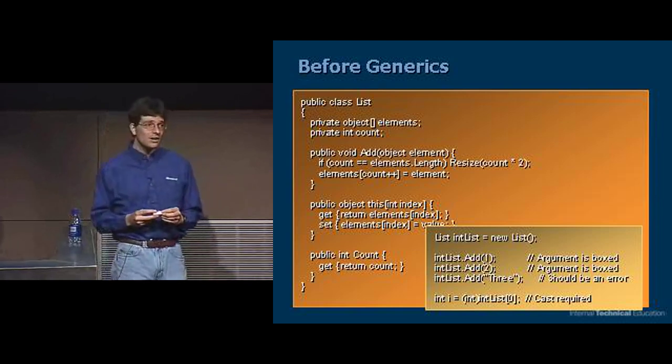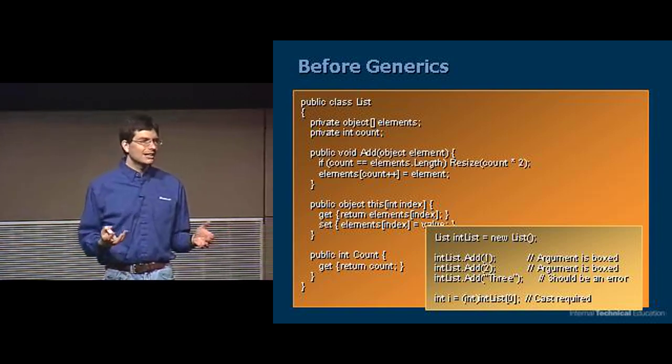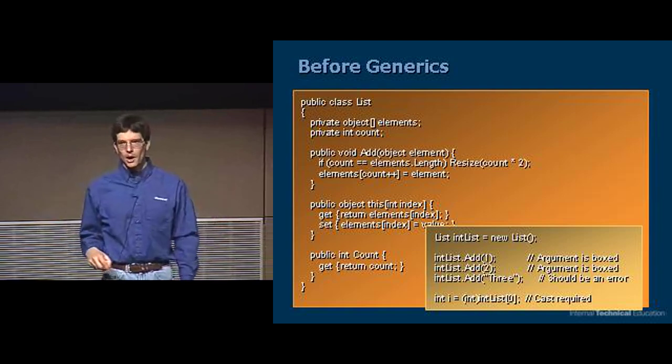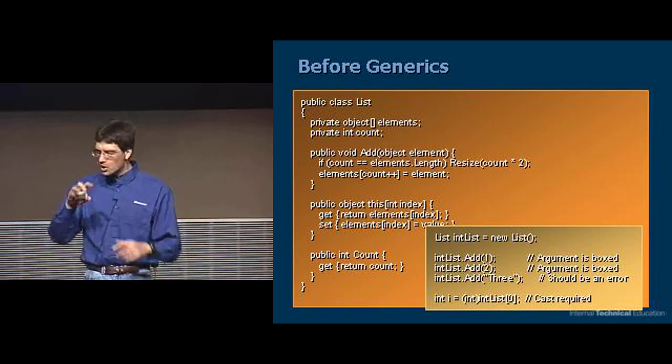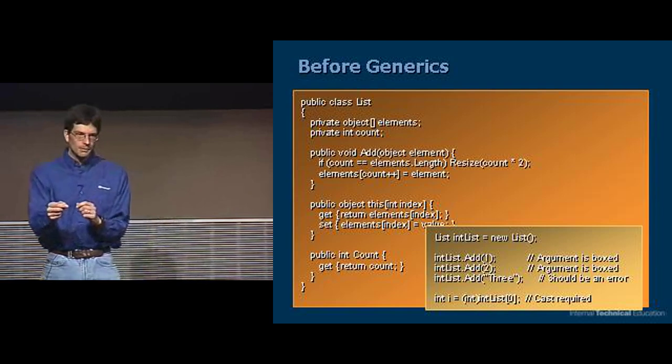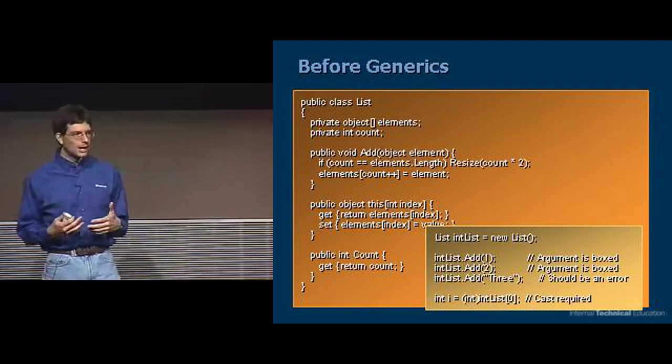It turns out what most people did in the frameworks is we created somewhere close to 80 strongly typed collections, where we wrote our own collection code and just replaced object with the appropriate type, so developers wouldn't have to do that. That was buggy and error prone.